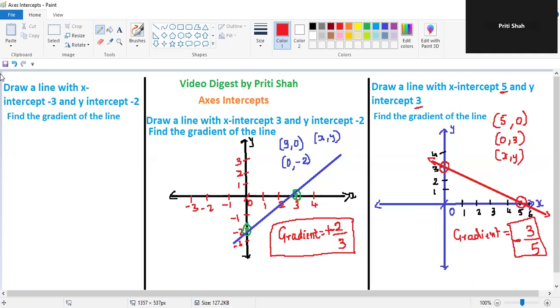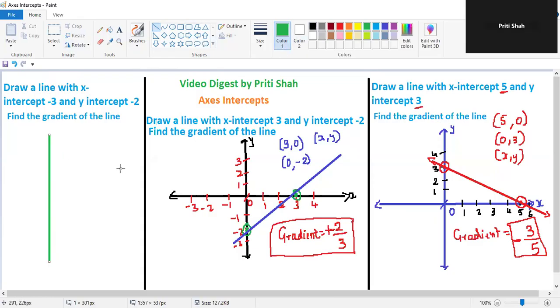Okay. Now let's see the last sum over here, which is draw a line with x-intercept negative 3 and y-intercept negative 2. Both are negative. Let's draw the lines first. So let's draw the y-axis, y.